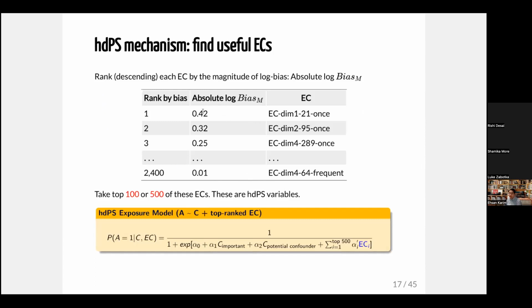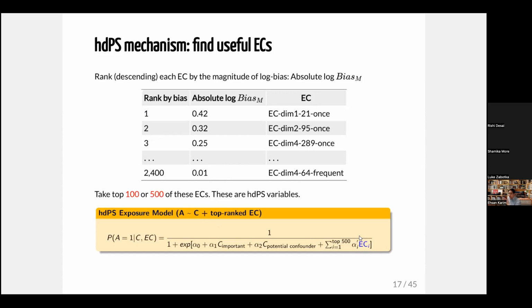Since we have all of these numbers now, we have a very good understanding of which empirical covariates are causing more bias and which are causing no bias in the analysis of interest. We can simply take the first 100 or first 500 covariates, and include only those top 500 empirical covariates in our analysis.